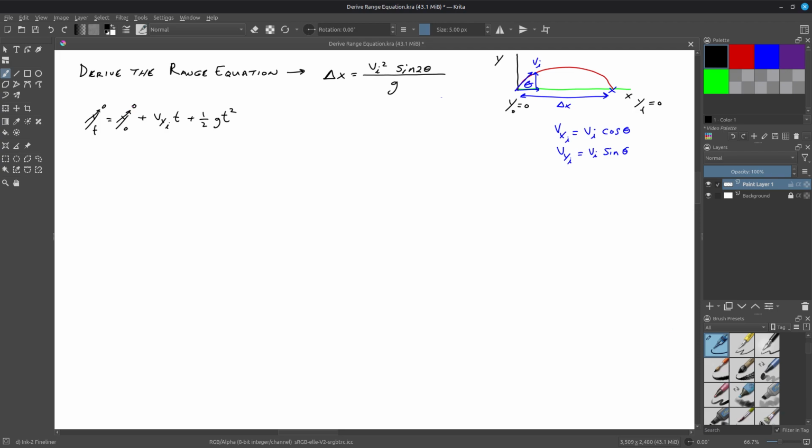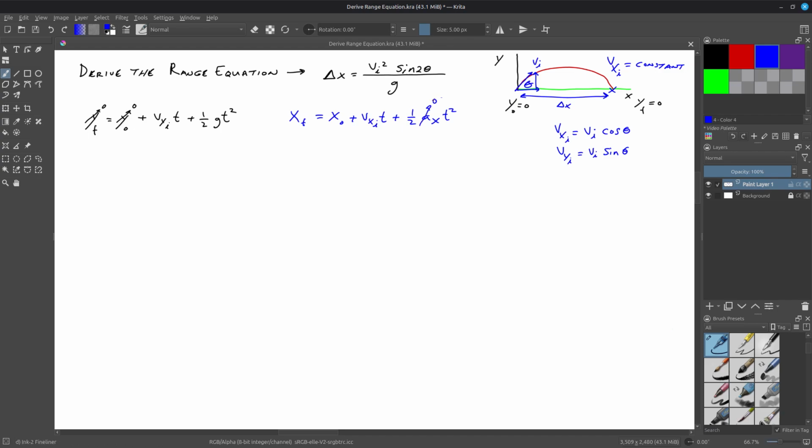That's a good start. Let's look at the x direction. We have x final equal to x initial plus Vx initial times t plus 1/2 ax t squared, acceleration in the x direction, but there is no acceleration in the x direction. Vx initial is constant. The speed in the x direction is constant, so this term is 0.